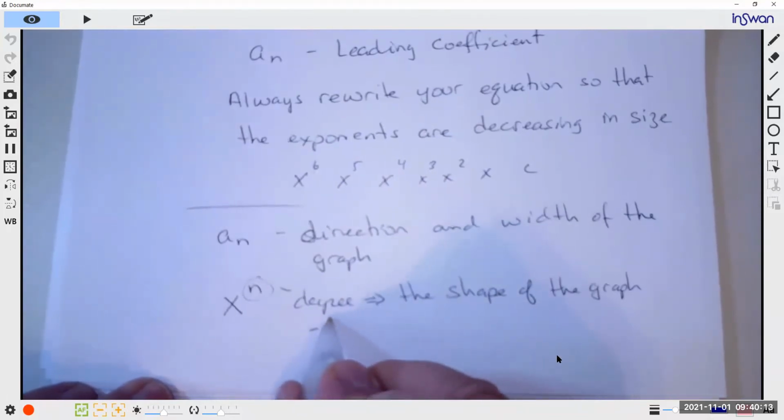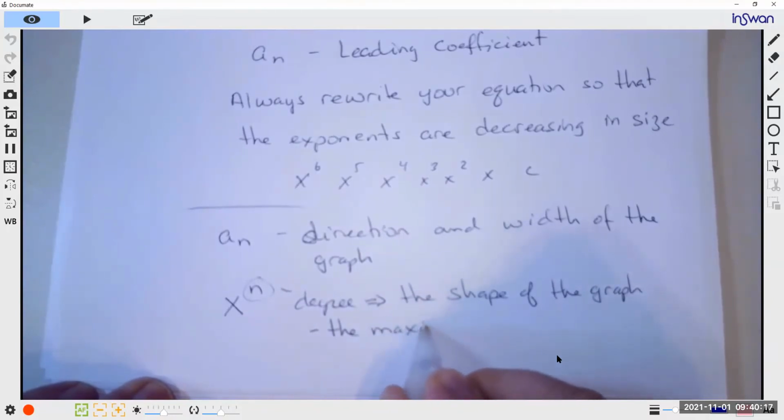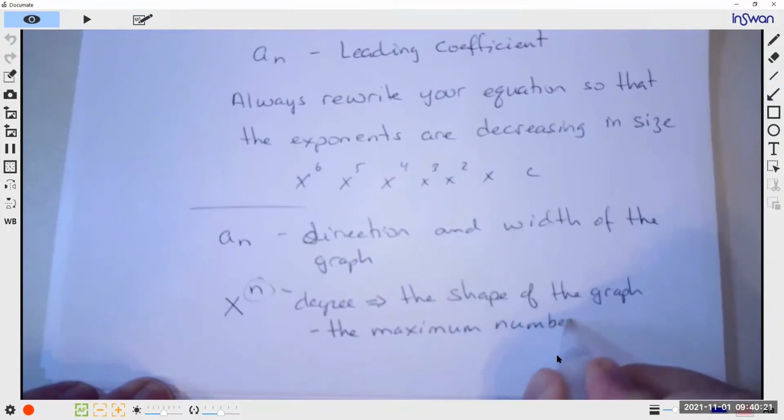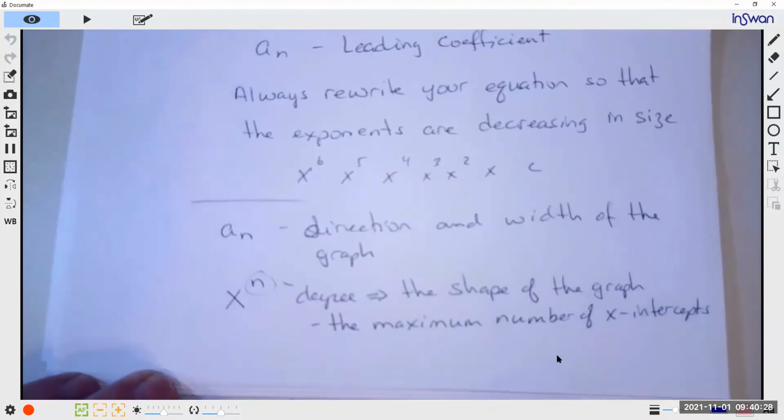It tells us the maximum number of x-intercepts we'll have.